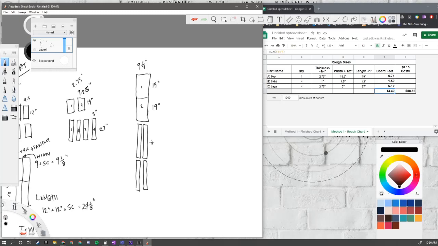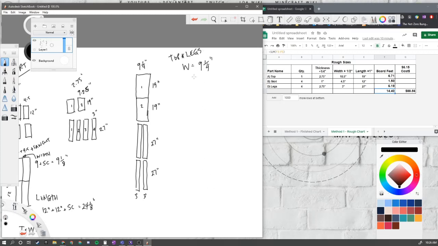Those are 27 inches long and 27 inches long. And the width is less than that, but if you want to write it in, you can. That's 3 inches and 3 inches. But as long as I understand that 9 1/4 is the widest anyway, my width is equal to 9 1/4, and this is for the top and the legs.